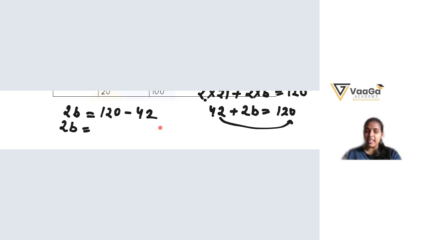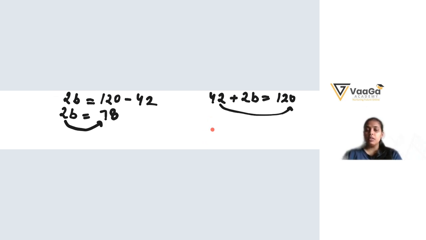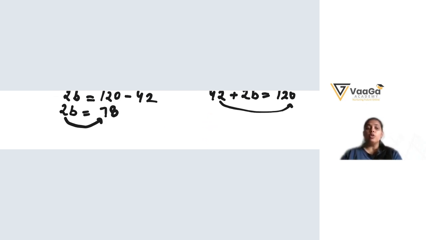78. Very good. Now, in next step, I need to shift this 2 to the other side. When I shift it to the other side, I'll multiply, divide, add or subtract? Here it's multiplying with b.